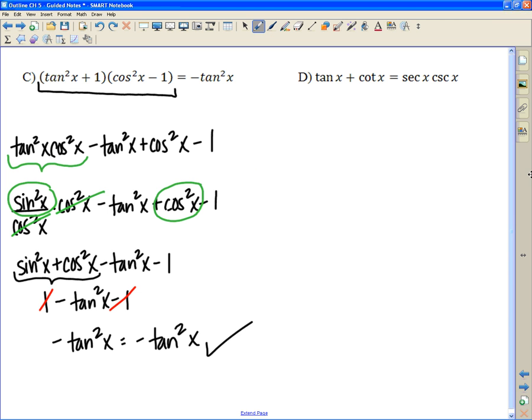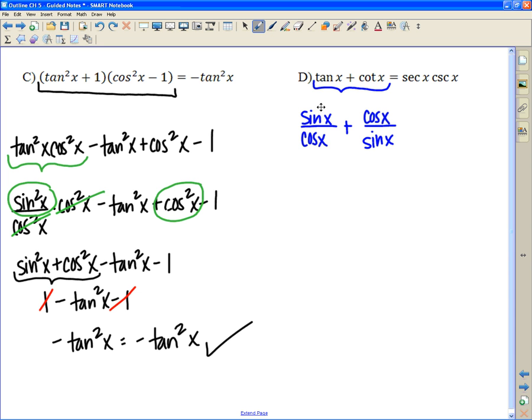Tangent plus cotangent. When I see this problem, I like to change to sines and cosines. I don't know what else to do other than change to sines and cosines. So here we go. Sine of x over cosine of x plus cosine over sine. Excellent.